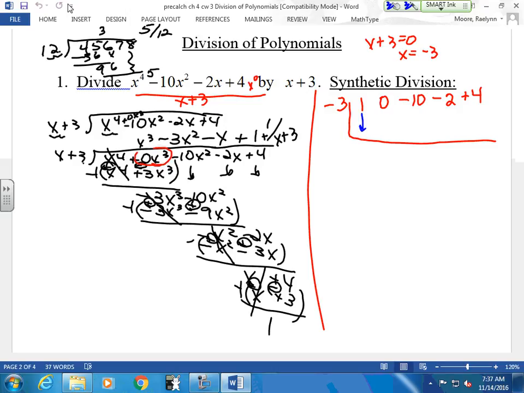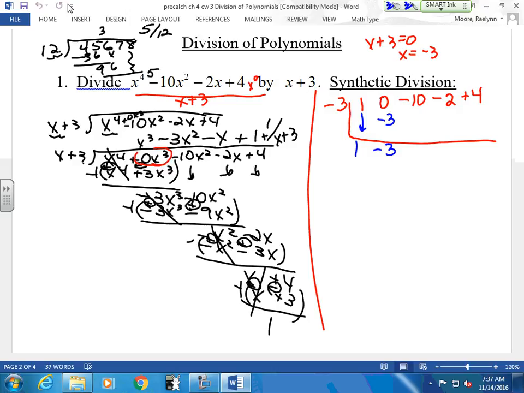We bring down the 1 and we multiply from left, go to the right. Left to right. So we're going to say negative 3 times 1, go to my left, is negative 3. So we add down. 0 plus a negative 3 is negative 3. Left to right, multiply.